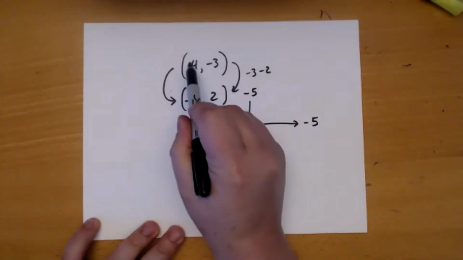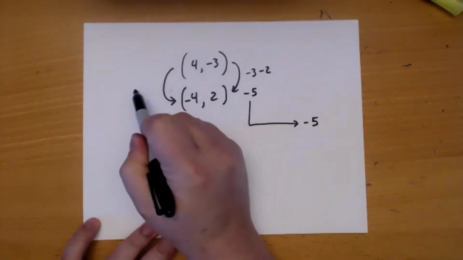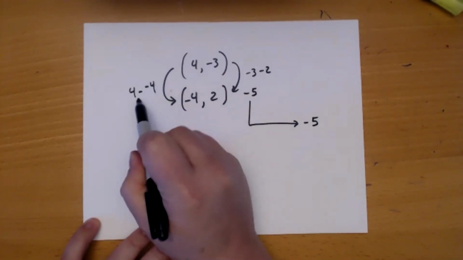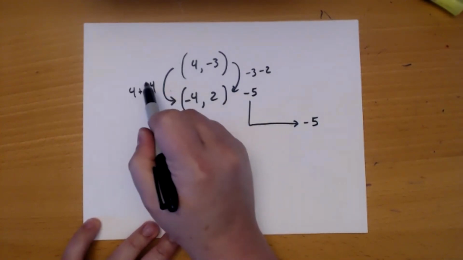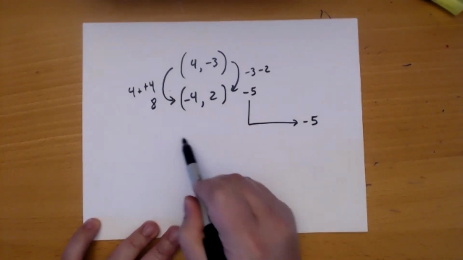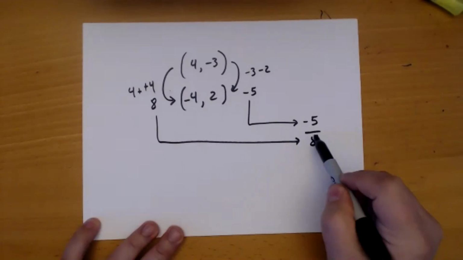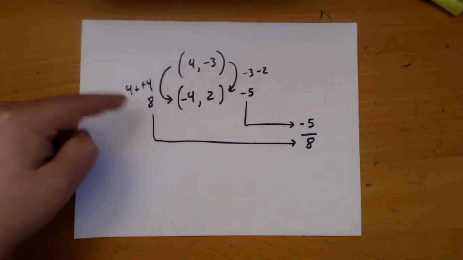And some people were making a mistake right here. The right way to do it is 4 minus -4, which gives me 8. Now, some people, I think, added rather than subtracted, and that's why some people got zeros on this part, okay?